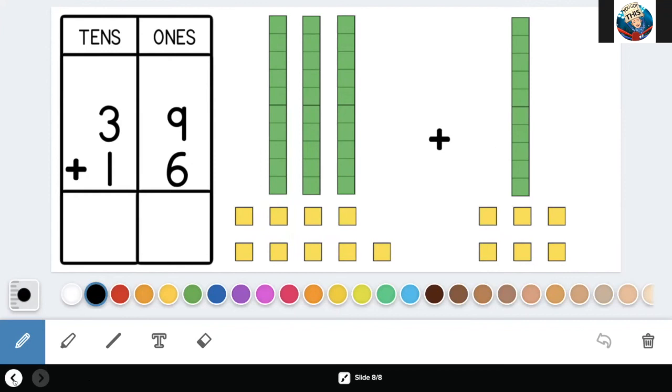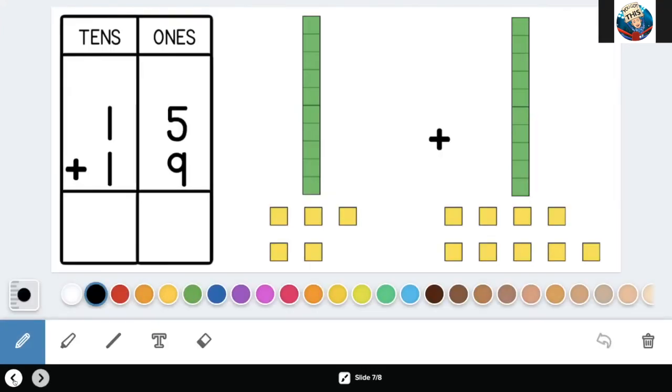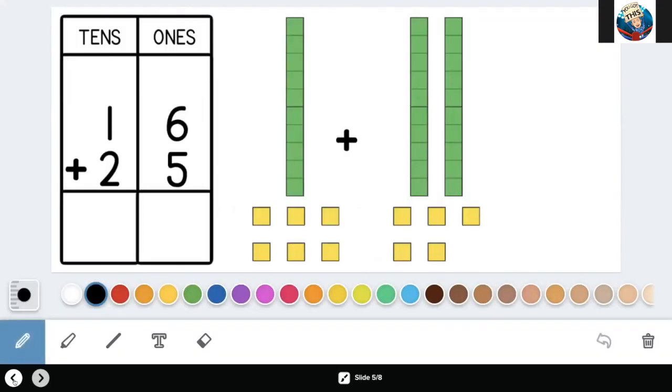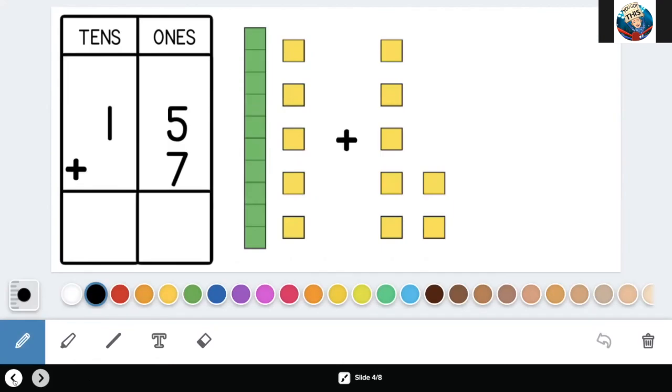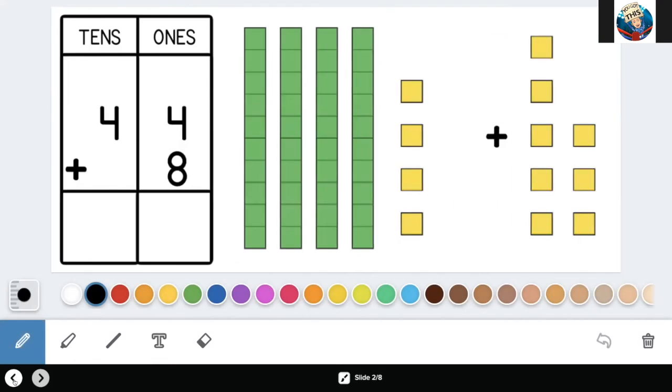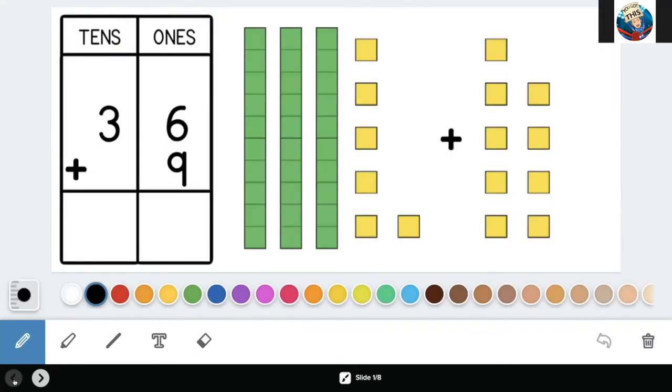And let me just double check to make sure I've given you the right number of manipulatives, because I did not double check when I made my slides for teaching you. So I'm just going to go through quick. Yep, those are right. 58 and 24, 16 and 25, 15 and 7, 35 and 9, 44 plus 8, and 36 plus 9.